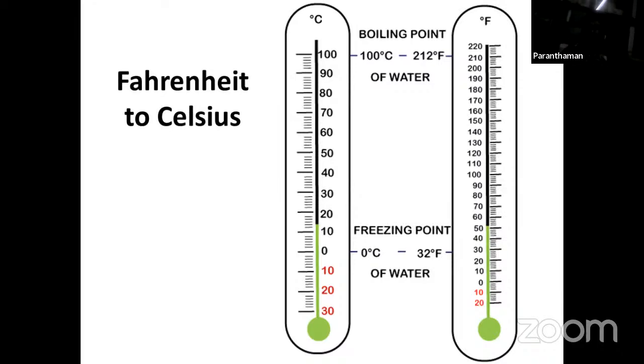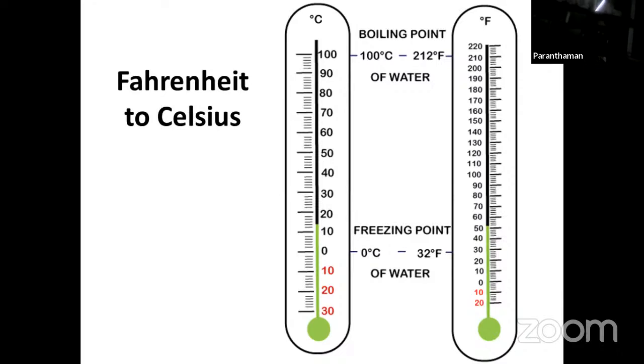Both are the same for the Celsius. 0 corresponds to 32 degrees Fahrenheit, whereas 100 degrees centigrade corresponds to 212 degrees Fahrenheit. In between, 1 degree Celsius corresponds to 1.8 in the Fahrenheit scale.